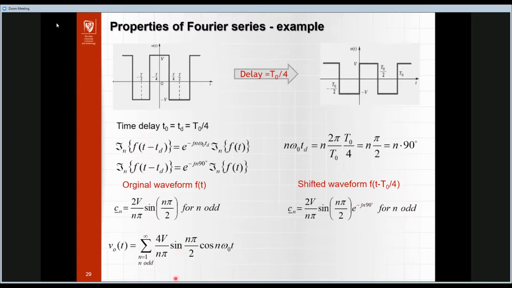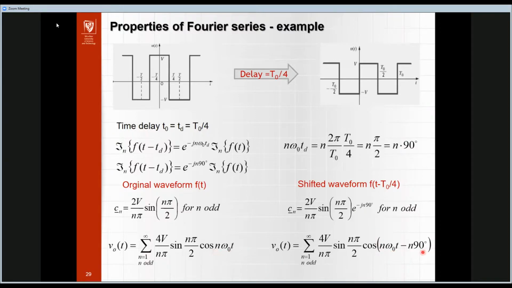In the time domain we have to sum this for the original, and for the shifted function it is the same, but it is changed in the phase.